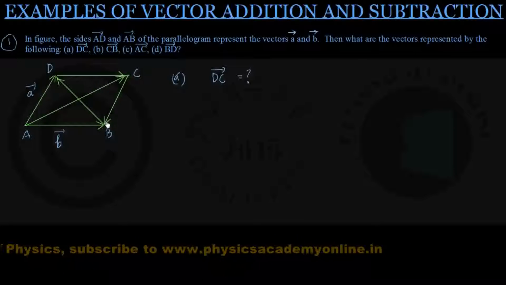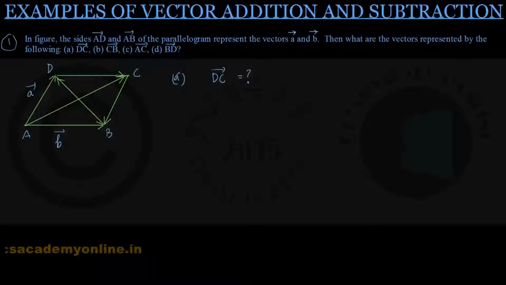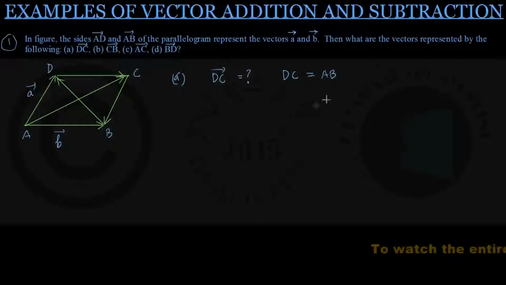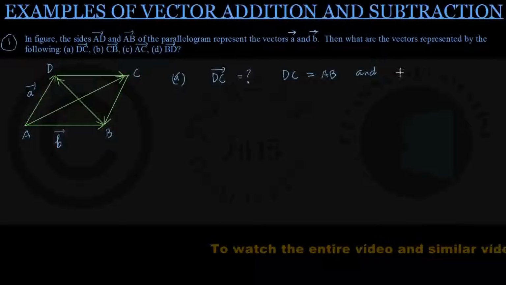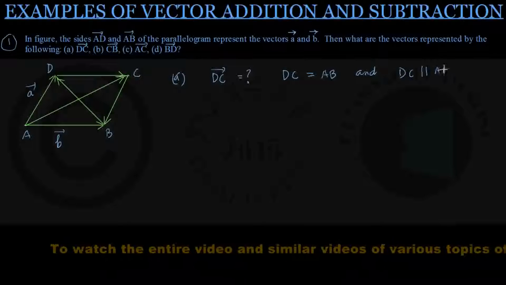Similarly, AD and BC, they have same length and they are parallel. That's parallelogram's properties. So when they ask you about DC, you can say that the length DC and the length AB, they are definitely equal, as well as the line DC is parallel to the line AB.